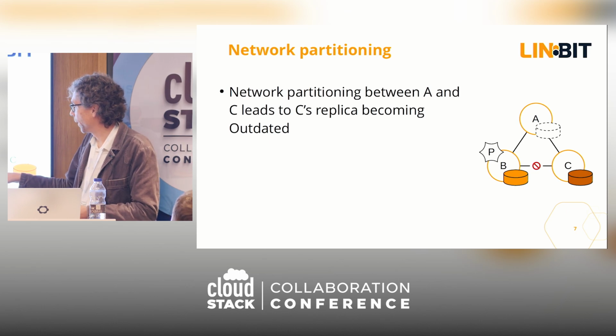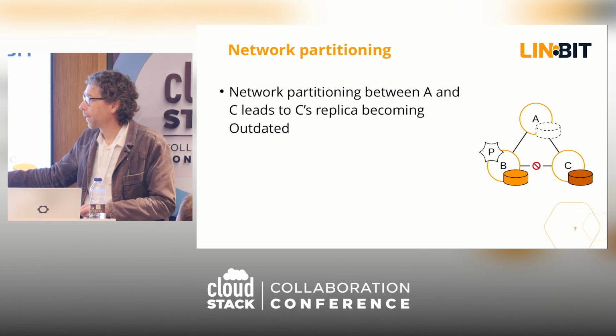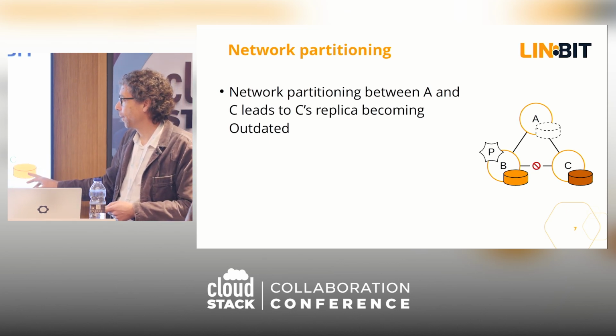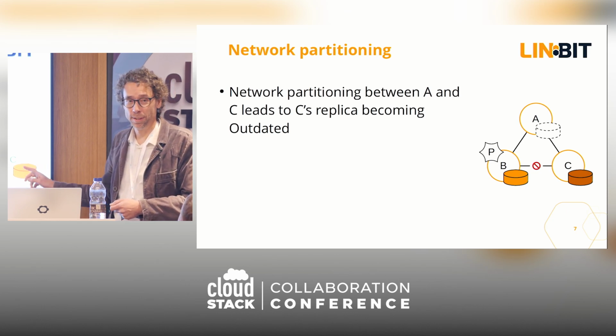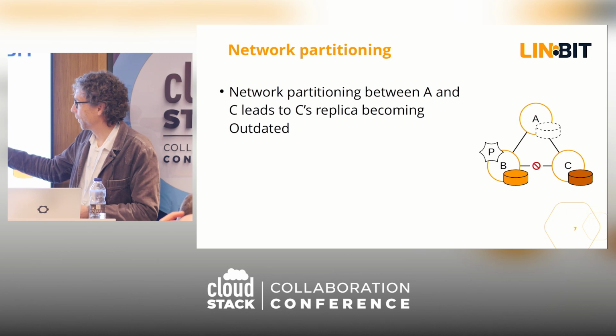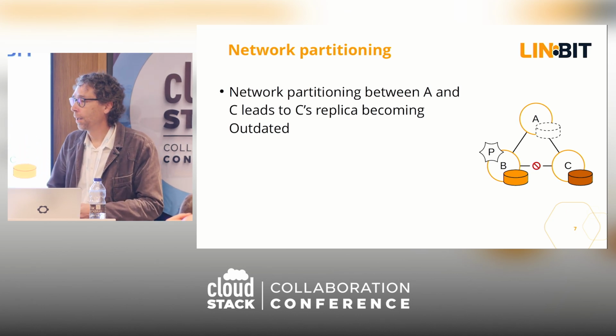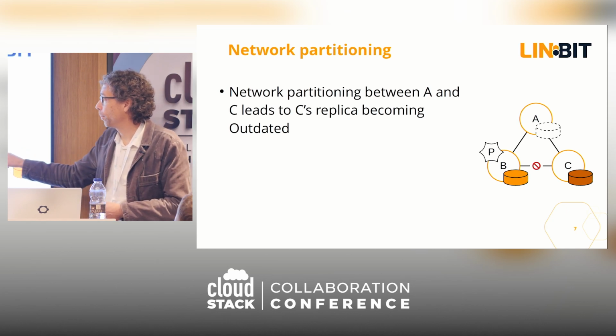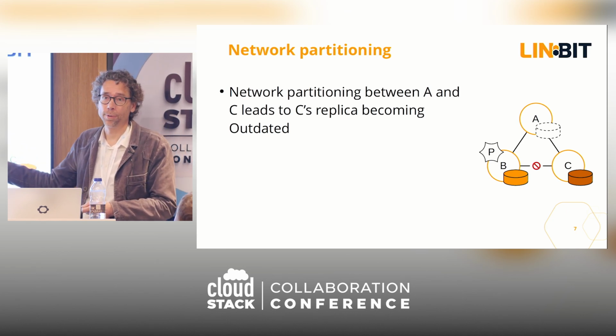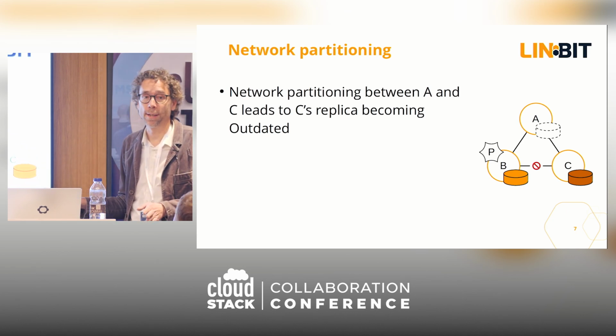What happens now is that DRBD on this node realizes, oh, there is a primary node in the cluster, because this message is relayed here. But DRBD does not do data replication through a third node. It is not doing that.